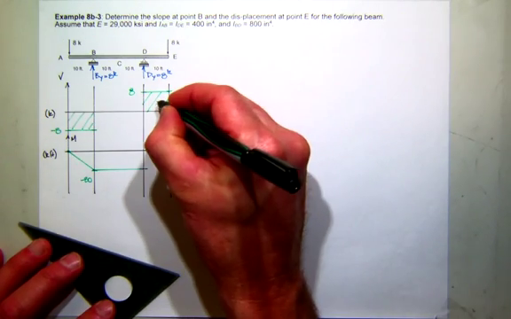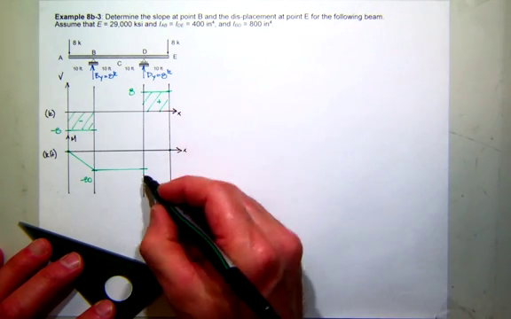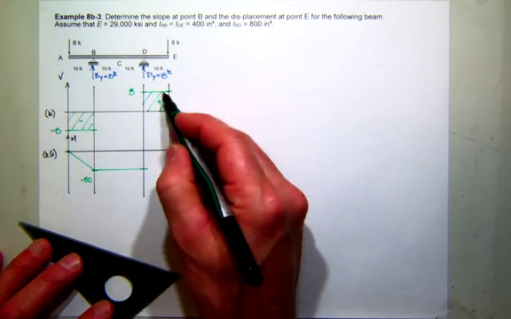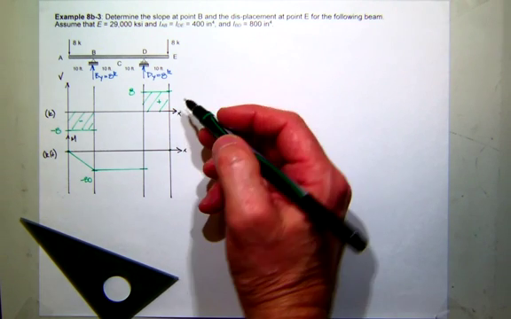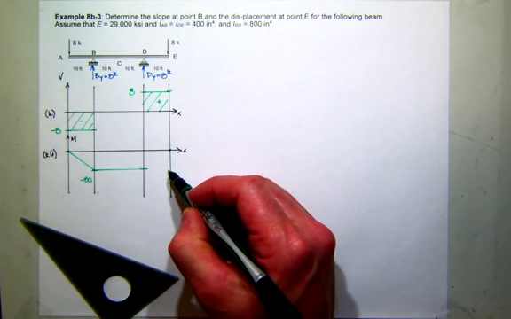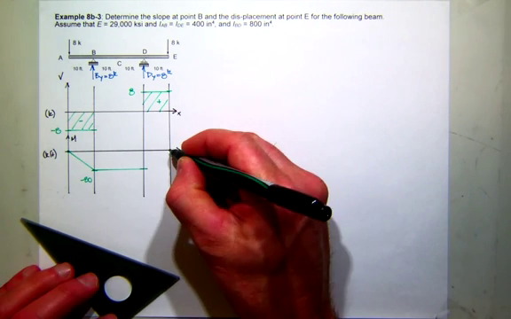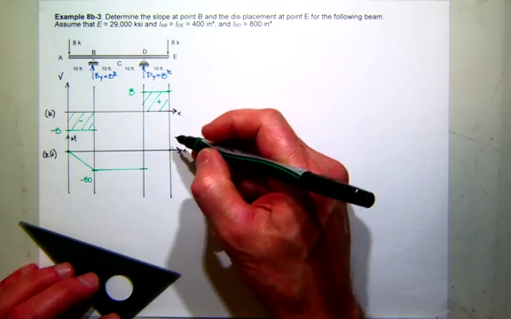Then I hit this positive area here. By the way, this was negative. So the change in moment over the last 10 feet is given by the area of the shear diagram, which is positive 80, which brings me to 0.